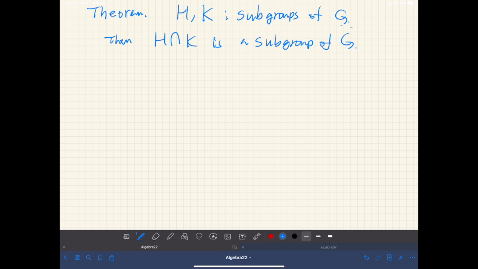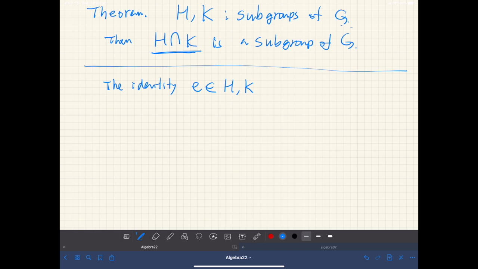Okay, so to prove this theorem, we need to check this intersection satisfies the subgroup criteria. But in order to apply that criterion, we need to check that this is not empty. Since the identity element is an element of both H and K, as we have seen before.